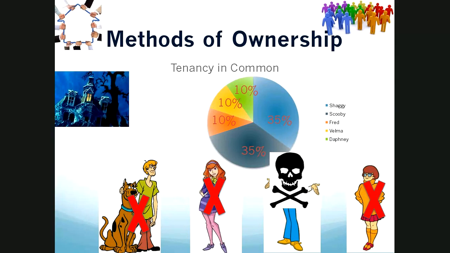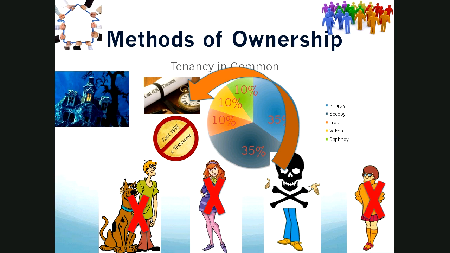In a tenancy in common, they don't get his interest. It passes to his heirs through either a will or through a state intestacy statute. So that's the big difference between joint tenancy with right of survivorship and tenancy in common.